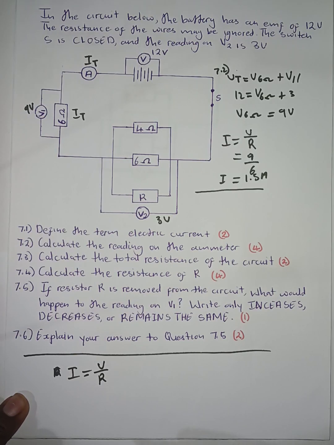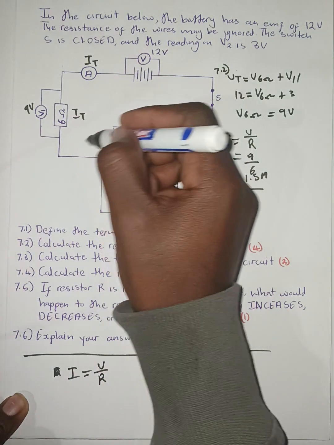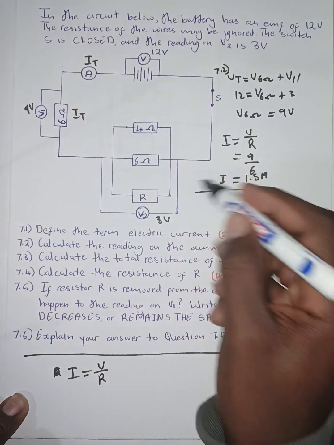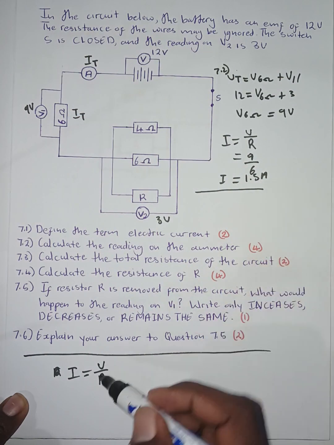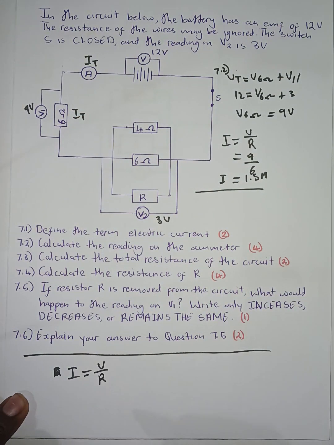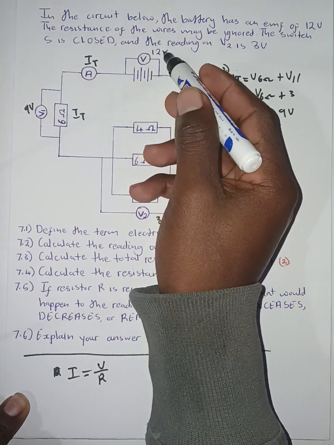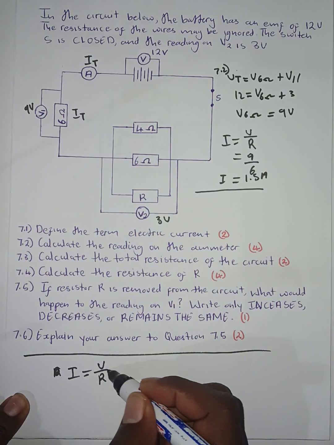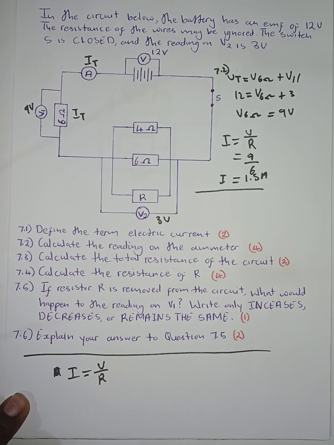So again, now we know the total current that is passing through our circuit to be 1.5, and we also know the total voltage that is distributed to our external circuit to be 12, right? So this R would be the total resistance of our circuit.